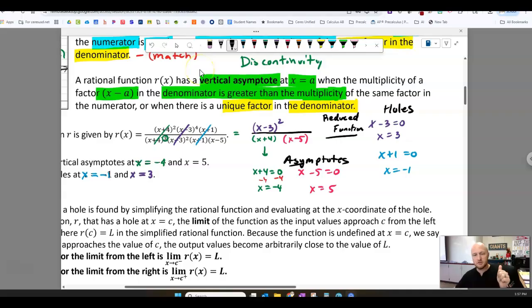How do I algebraically determine if we have an asymptote? Easy way to remember: if you have a factor that's shared, it's going to be a hole, unless after reducing it is in the denominator. If it's in the denominator after reducing, it is an asymptote. The x plus 4 gives us x equals negative 4, and x minus 5 gives us x equals 5 as asymptotes.